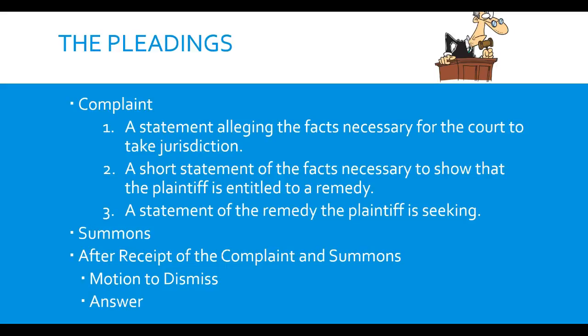It contains a statement alleging jurisdictional facts, a statement of facts entitling the complainant to relief, and a statement asking for a specific remedy. A summons, along with a copy of the complaint, is served on the party against whom the complaint is made. The summons notifies the defendant of his or her options: file a motion to dismiss the complaint, file an answer, or default.